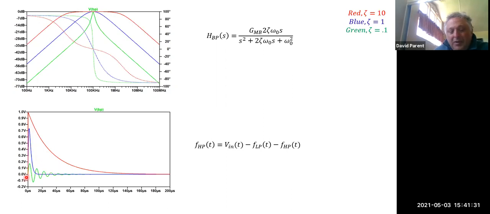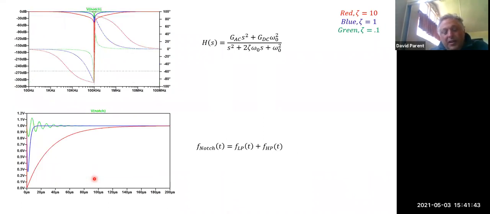And then the band pass, because it's attenuating the DC, goes back to zero. And for the notch, you're getting the high and the low pass together. So they start at one and they end at one. And how do they get there?